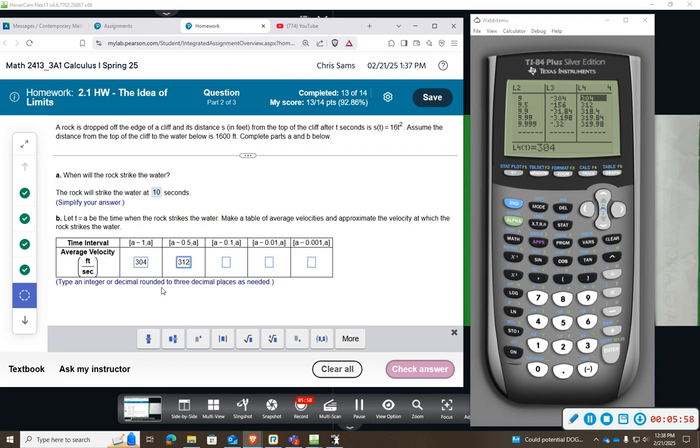And we want to round to 3 decimal places when appropriate. So then we have 318.4, and then we have 319.84, and then we have 319.98.